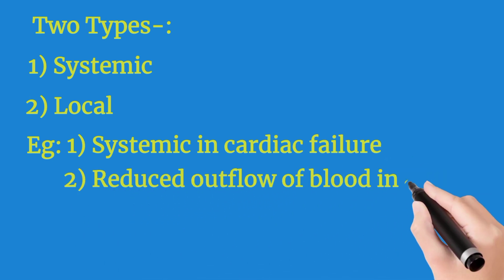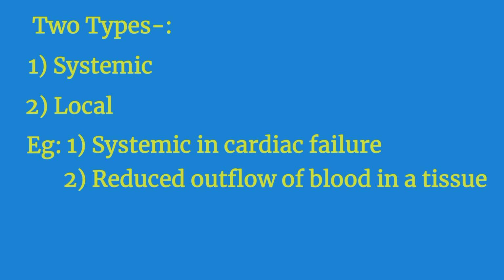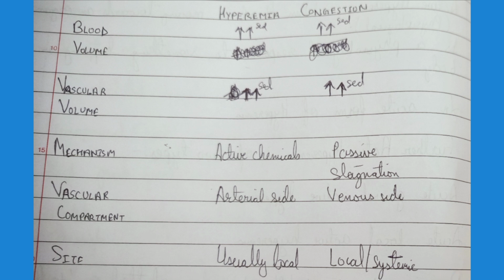After this, I am sharing some pages of my notes. Kindly note it down because it's important for exams. In this slide, you can see the difference between hyperemia and congestion, and you must know this. Here we will see the similarities and the differences between hyperemia and congestion.